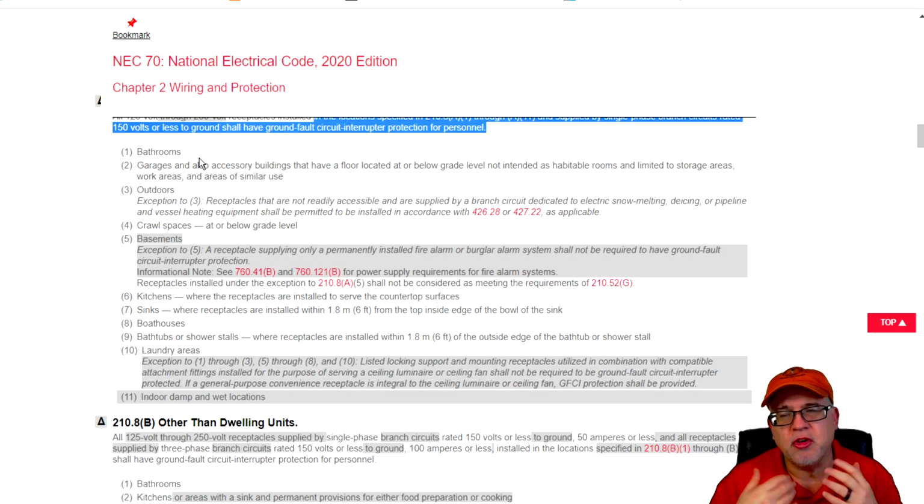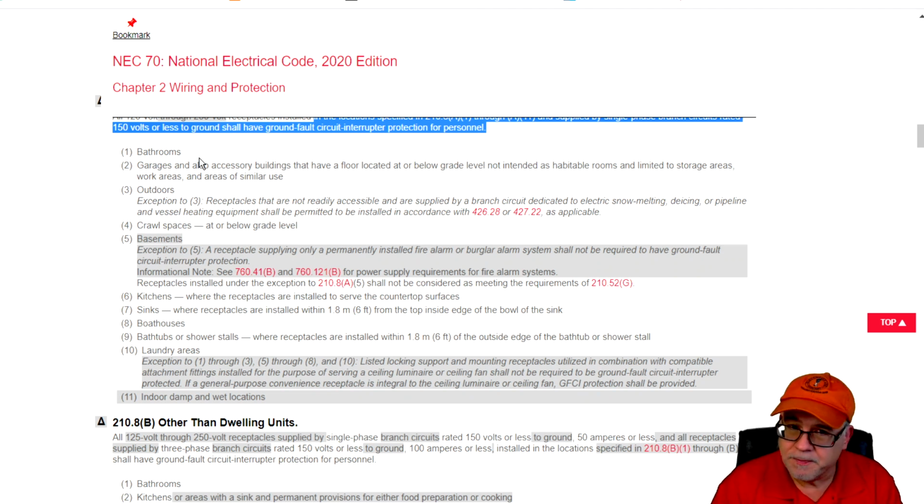Previously, it was assumed that everything in the actual bathroom under 210.11 had to be 20 amperes. Well, we clarified that in the 2020 NEC. But what I need you to know is that any of the receptacles that fall under the scope of what we just read, again, 125 through 250, where one leg is 150 volts or less to ground, is going to require the GFCI protection, okay?